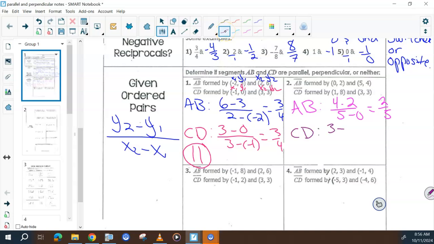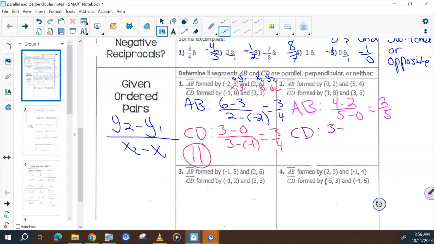If you did 2 minus 4, then you'd have to do 0 minus 5. What is that slope? -5/2. Are these parallel, perpendicular, or neither?